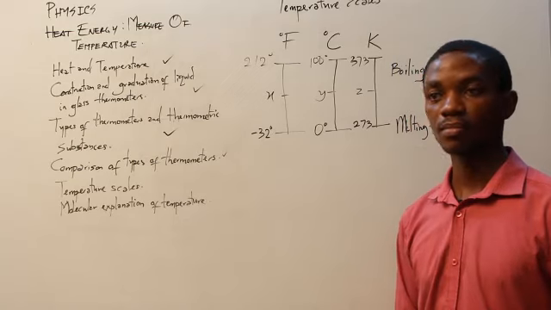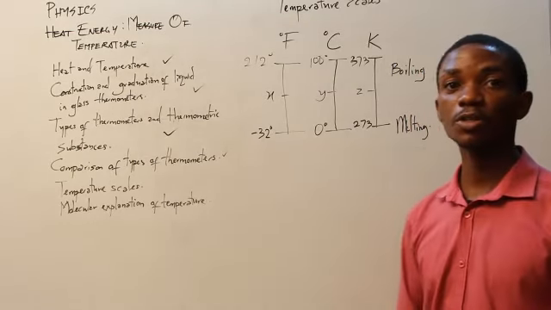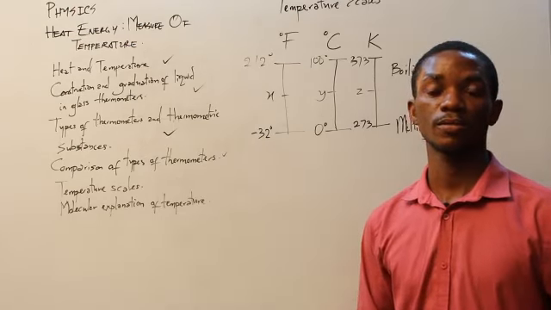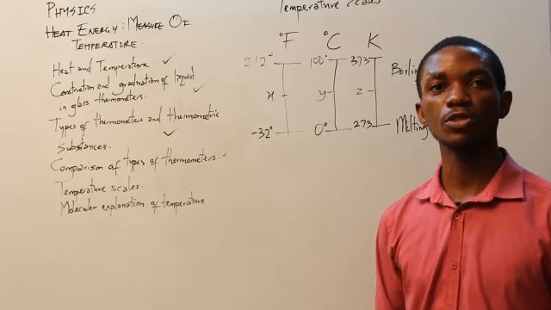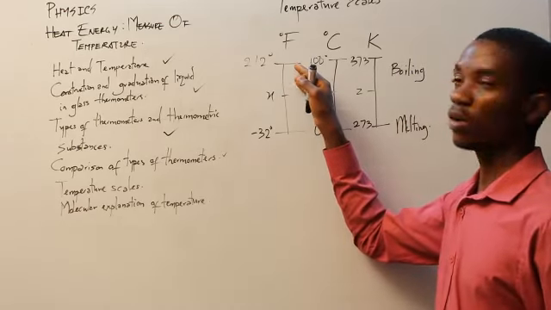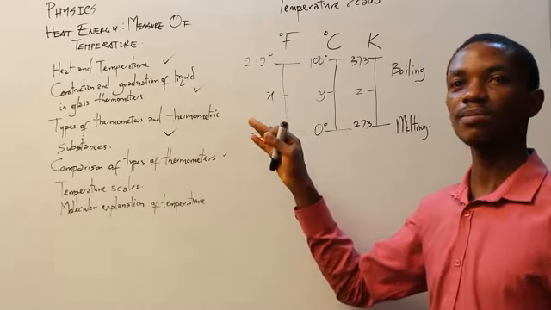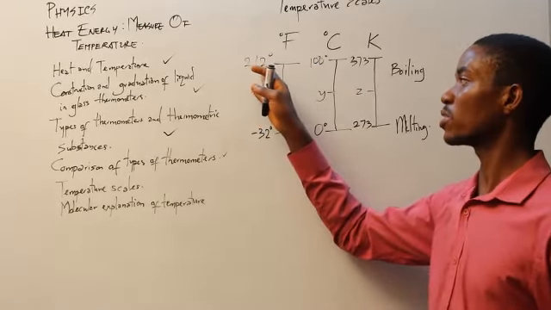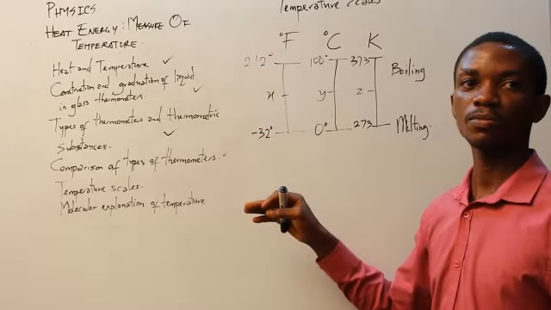To calculate inter-temperature scale measurements, the formula to use is we take the difference of the boiling point and the temperature we are going to, divided by the difference of the boiling point and the melting point temperature of both scales.